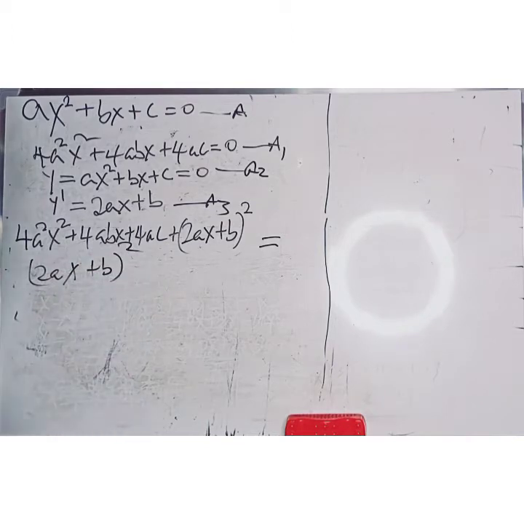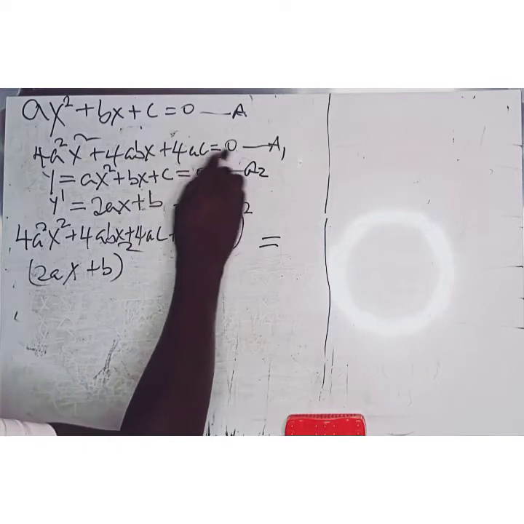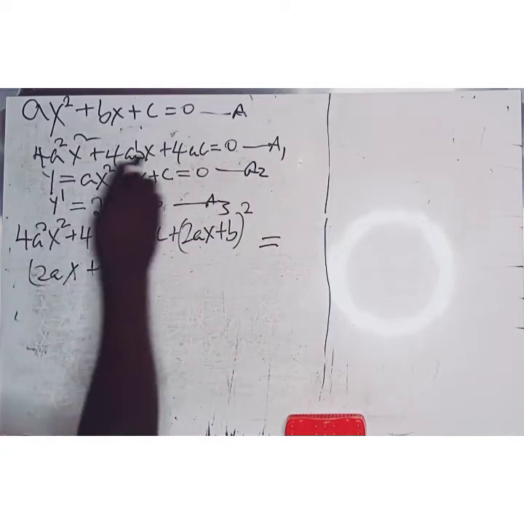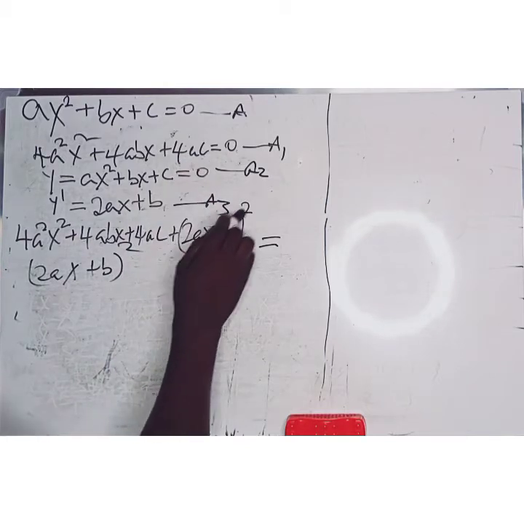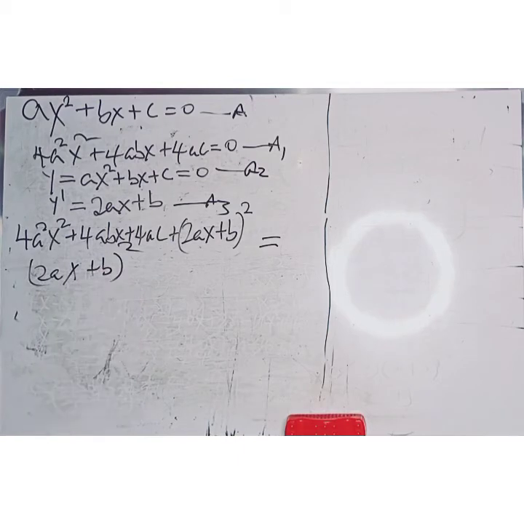Do you see it? I squared equation A3 and added the result to both sides of equation A1, which is this now. The whole of this plus 2ax plus b all squared equals 2ax plus b all squared.